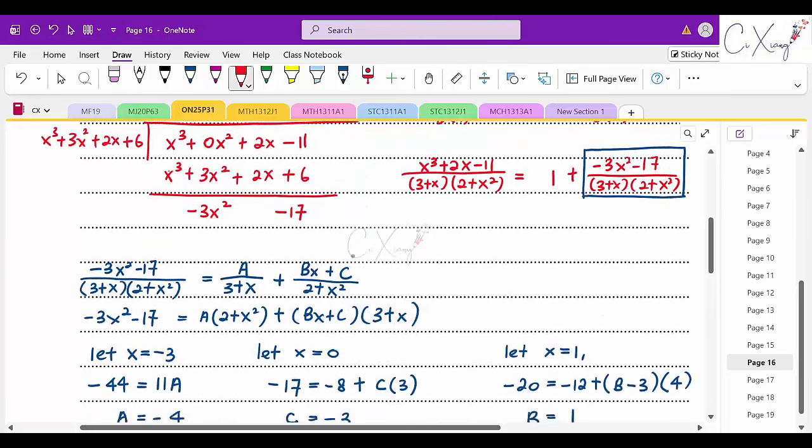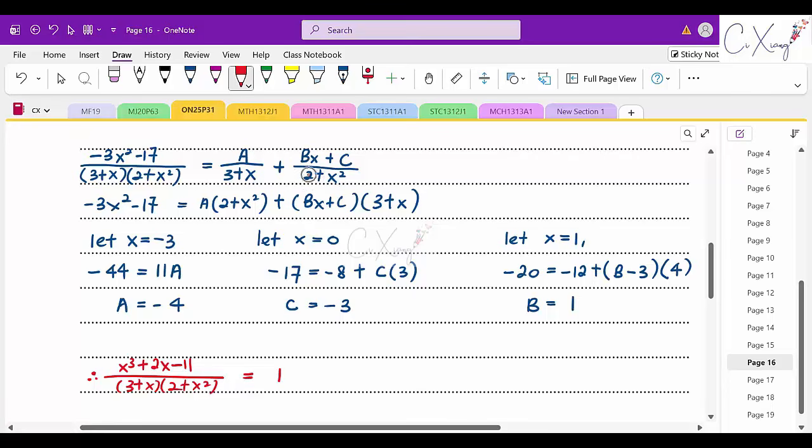So this one I successfully expanded into these two, right? So what will it be? It will be negative 4 over 3 plus x. Then plus b is 1, so you're having the x. c is negative 3, so negative 3 divided by 2 plus x squared.